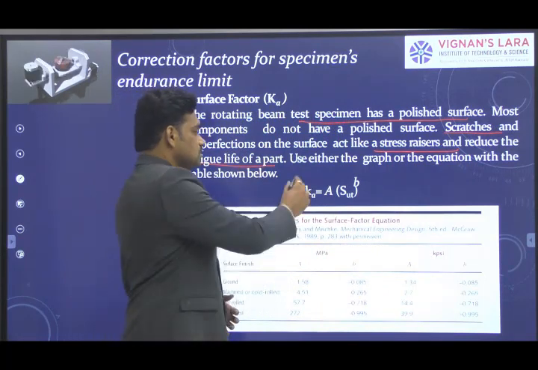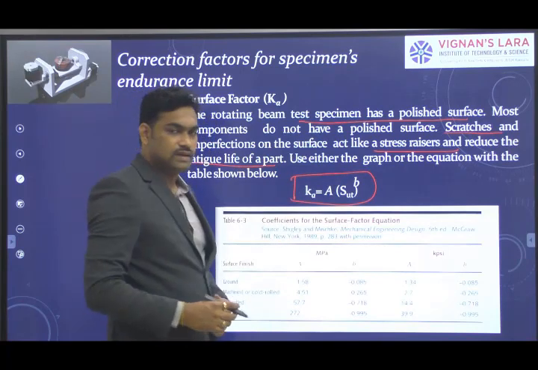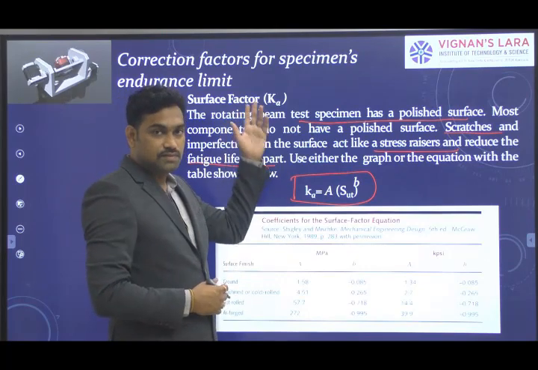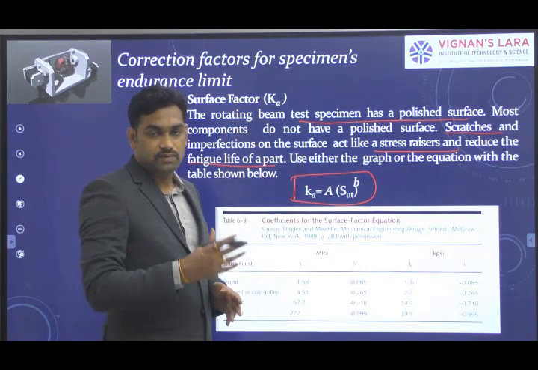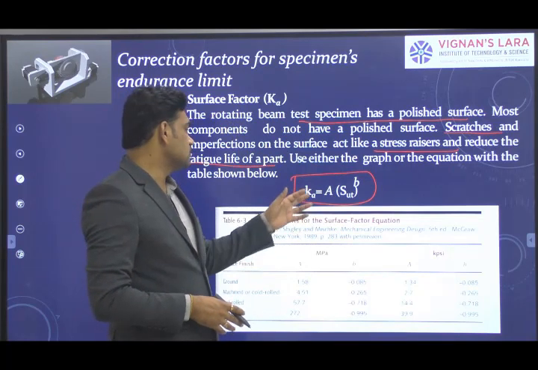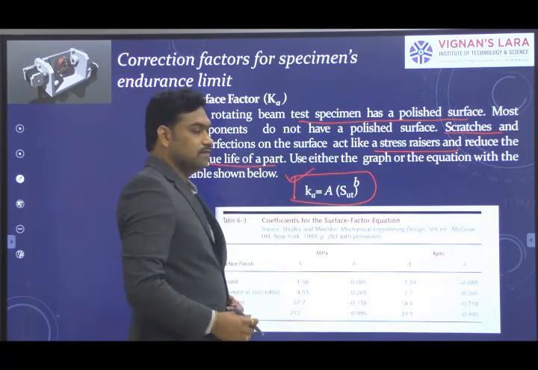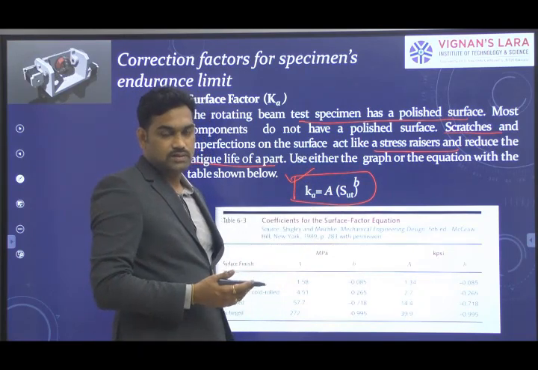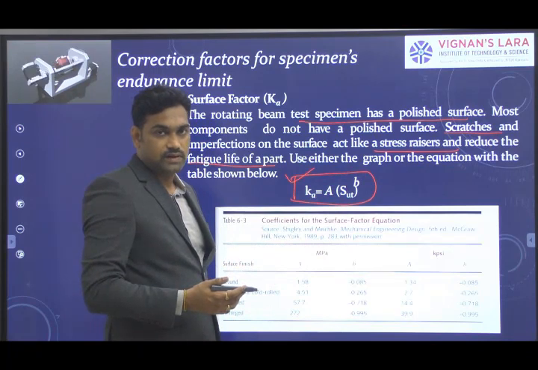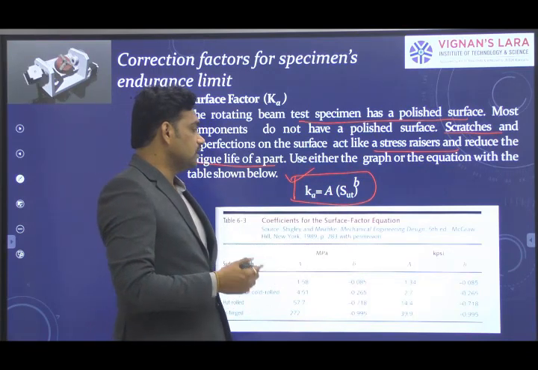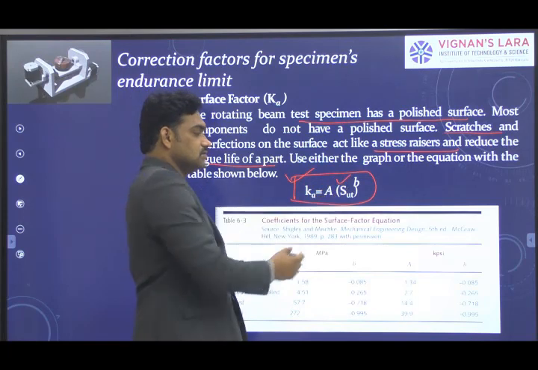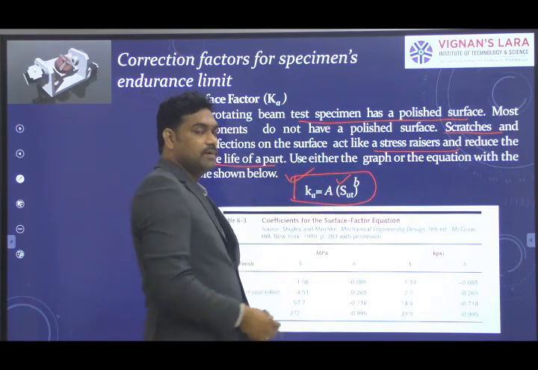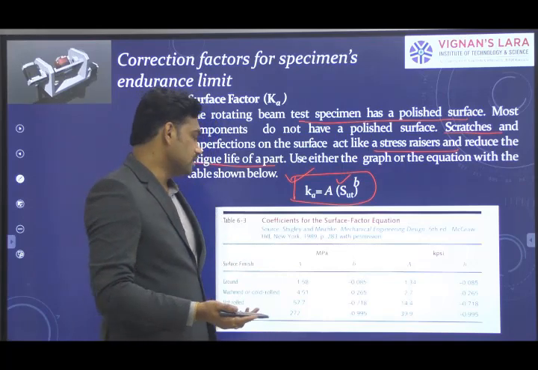You can use these values, or use the graph of the surface factor against surface roughness for different types of ground surfaces, or use the relation where the surface factor is taken as a function of ultimate strength. As surface finishes vary, we have different ultimate strength values. So from that, the factor is A times sigma ultimate to the power B, where A and B are different constants.